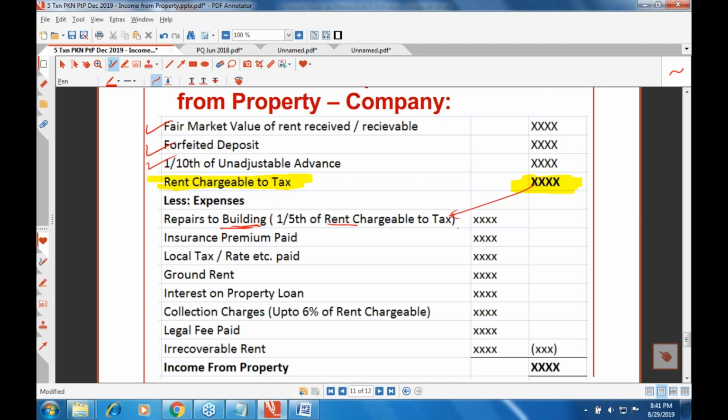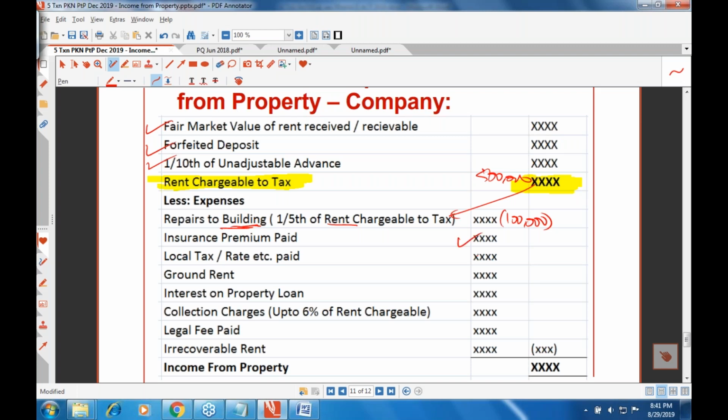For example, if this amount is 500,000, then 100,000 is the repairs you can claim without incurring a single penny. You might have incurred a repair expense of 30,000, but you will still recover the whole 100,000. Number two, the insurance premium paid for that building.